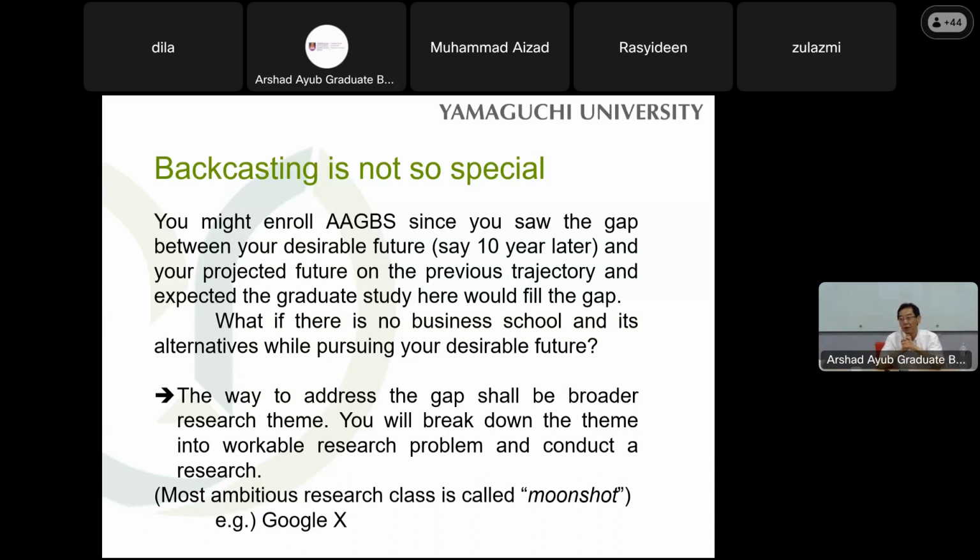It's top secret. Why? They don't want to publish it. It may be very argumentative because the Google X topic is based on their own ideal society.